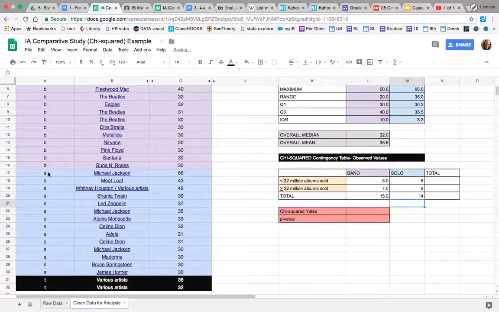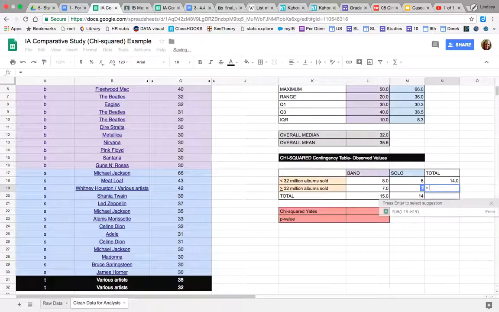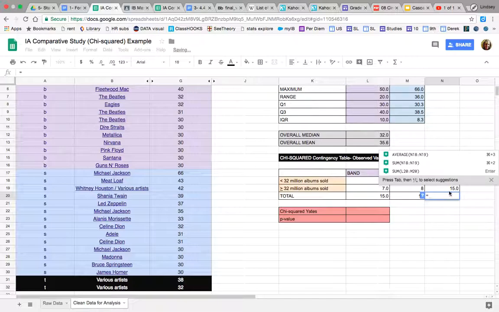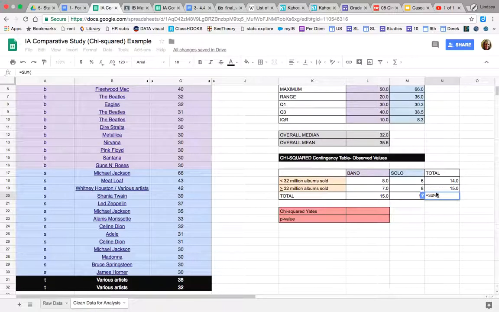And that makes sense because there are a total of 14 solo artists. So here, since it was a median, I would expect it to be half of our total. And that makes sense, 14 and 15.